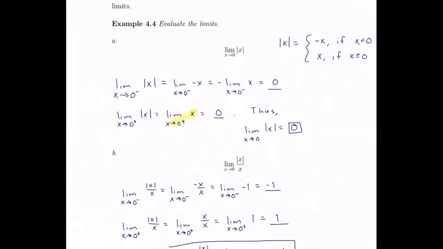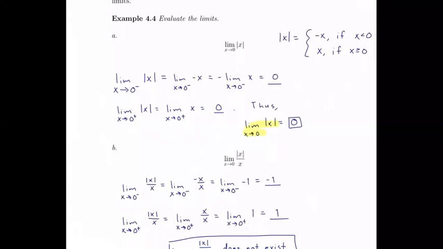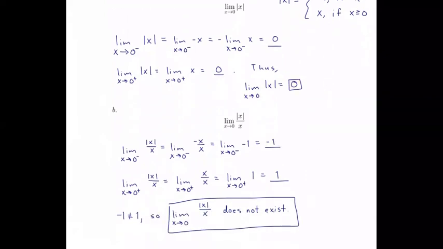Now we see that the left-hand limit and the right-hand limit both exist, they're both equal to 0, so that means the general limit, the two-sided limit, exists and is equal to 0 as well. So that wasn't very interesting. I think we probably didn't need all those details to do that, but we have to use the same line of thinking to analyze the next function here.